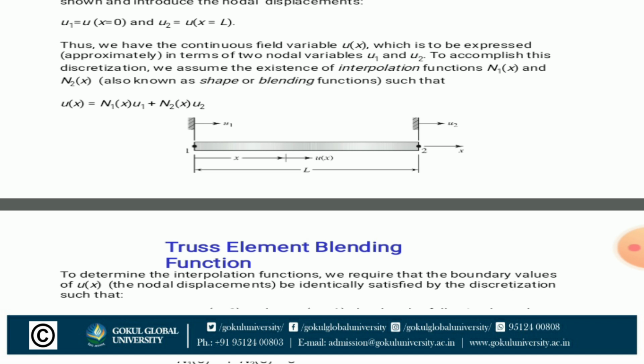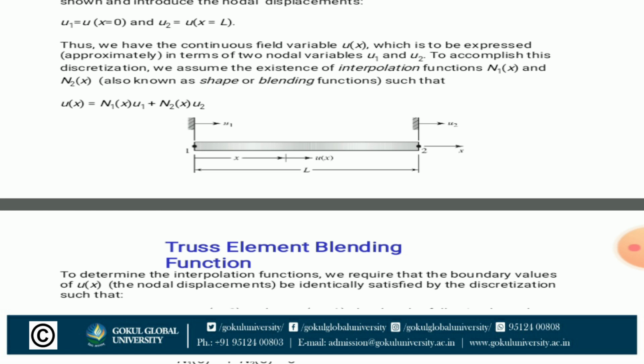So to determine the interpolation functions, we require the boundary values as linear displacement u1 at x equal to 0 as the starting point, and linear displacement u2 at x equal to L as the ending point. So N1 is 1 and N2 is 0 at node 1 as the nodal condition. If we substitute 0 in the equation, we get the shape function N1 as 1, and N2 substituting 0 is equal to 0.